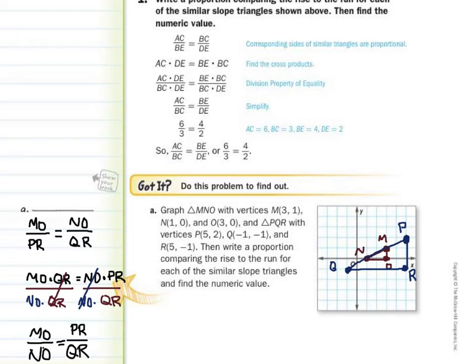Now if I substitute in the numbers, MO was 1, NO was 2, PR, if you count, is 3, and QR, if you count, is 6.